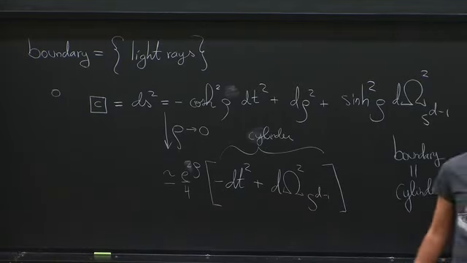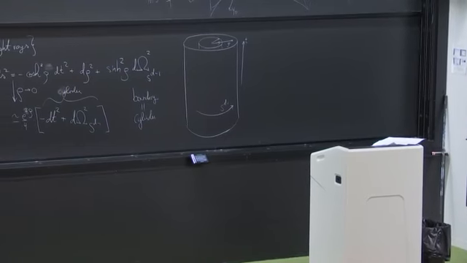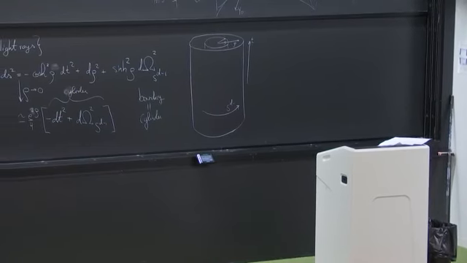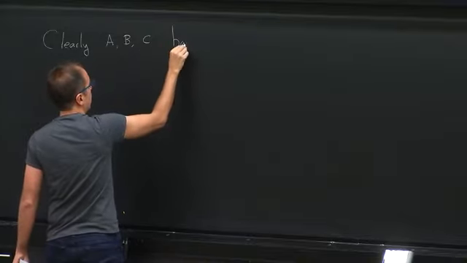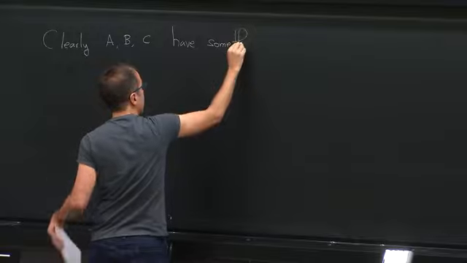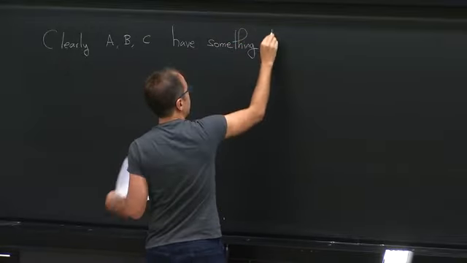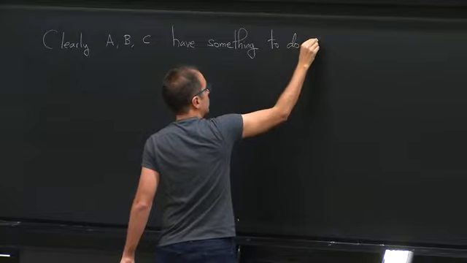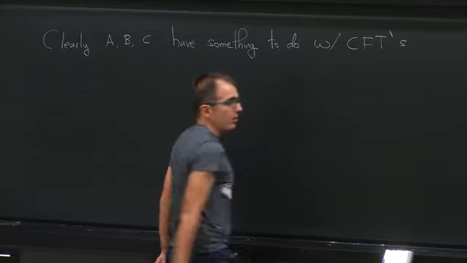And so clearly, A, B, and C have something to do with CFTs, right? They all have some moral connection, at least have something to do with CFTs. I hope you agree with me.